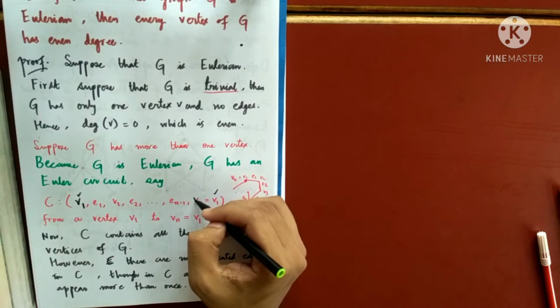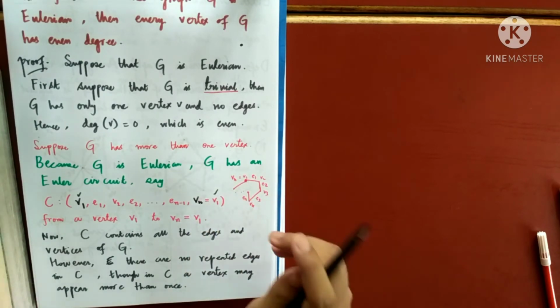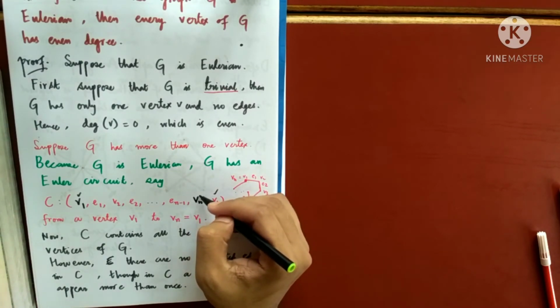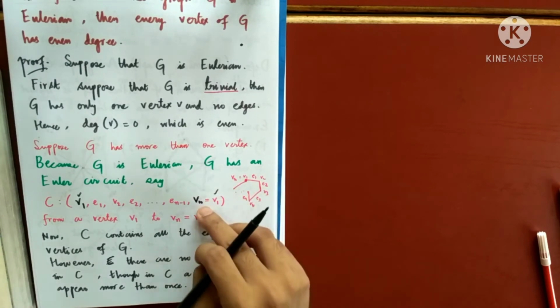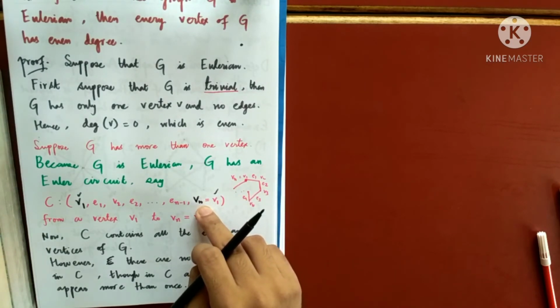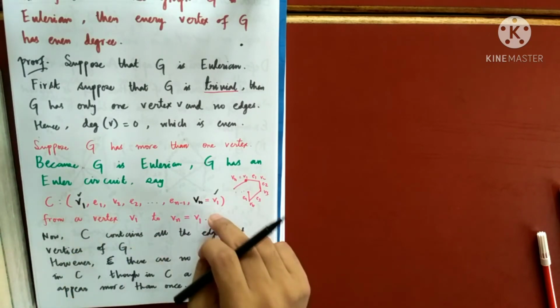And because the last vertex is same as the first one, U is also this, and we say that Vn is the last appearance of U. So U appears here, U appears here.